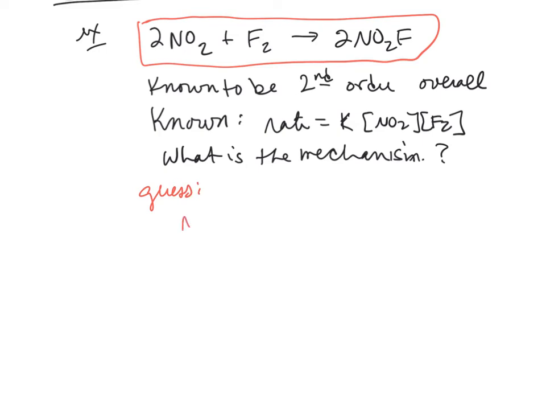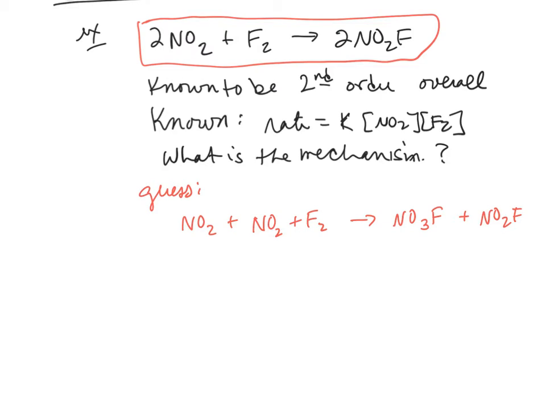Let's say there's just one step here, so the elementary reaction is the overall reaction, and you have 2 NO2s plus F2, all three of them colliding, and the reaction takes place with 3 molecules at the same time, and NO2F.